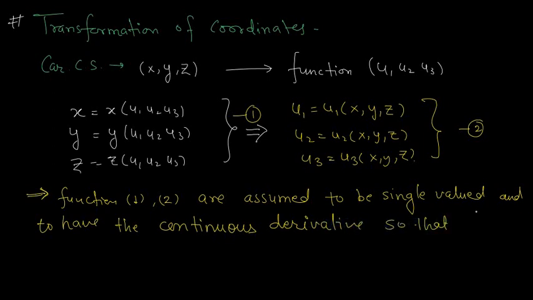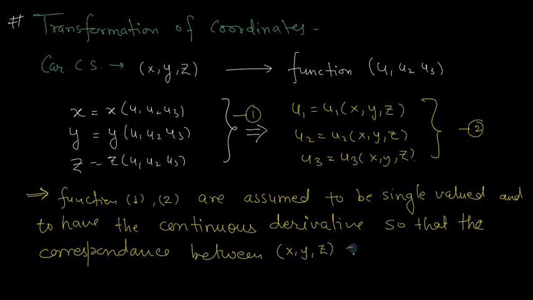This is needed so that the correspondence between these coordinates, x, y, z, and the second set, u1, u2, u3, is unique. It means there is a unique relation between u1, u2, u3 and x, y, z.